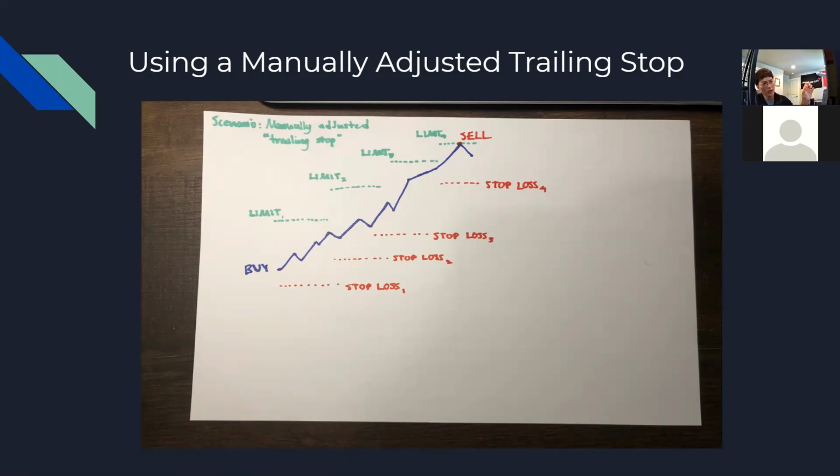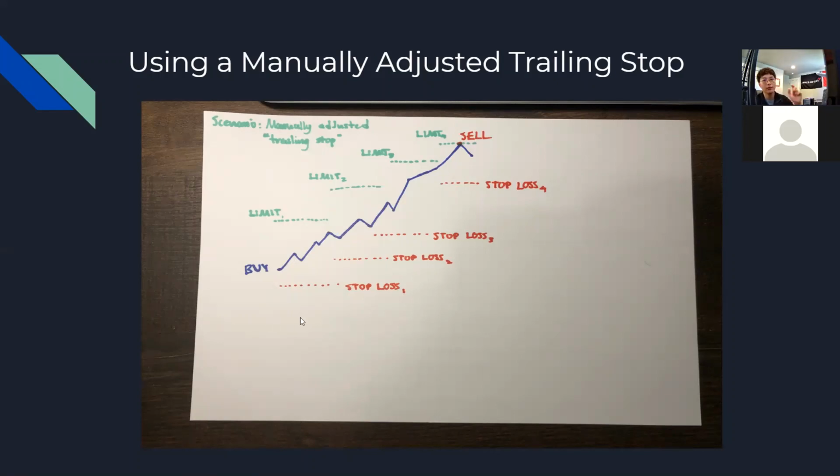As you can see, there's the same amount of gap between the current price at each price point, between the buy and the stop loss and the limit. And eventually you sell way higher.